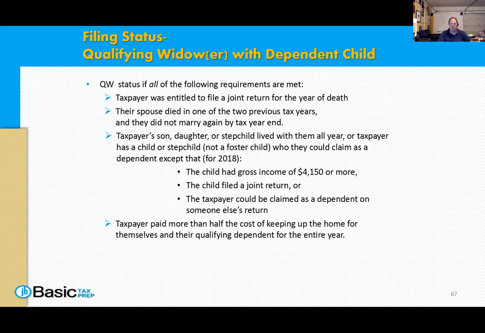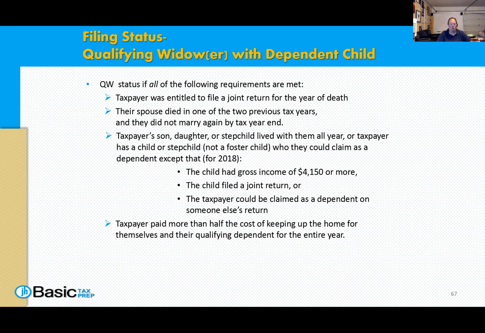This is for 2018. The child filed a joint return, or the taxpayer could be claimed as a dependent on someone else's return. These are the only exceptions, okay? If one of these occurred, they cannot claim this status, okay?